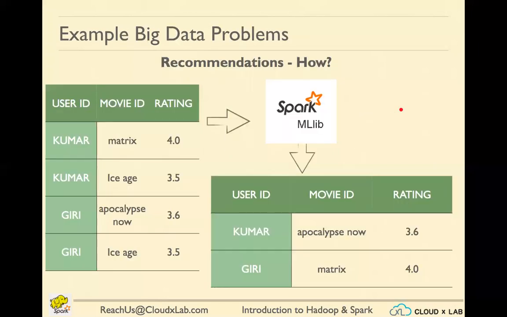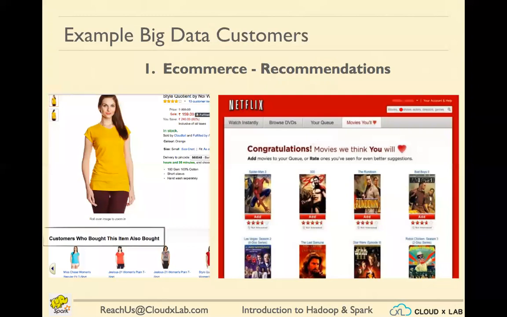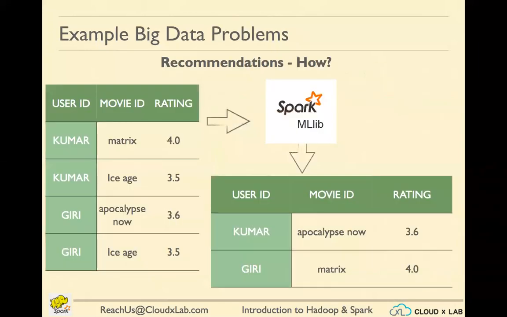All right. So the recommendation that we talked about is basically suggesting what users may like based on the historical data of other users. Now, the way recommendations work is we take the current user behavior data and frame it in this format.